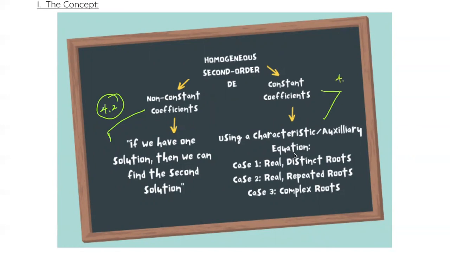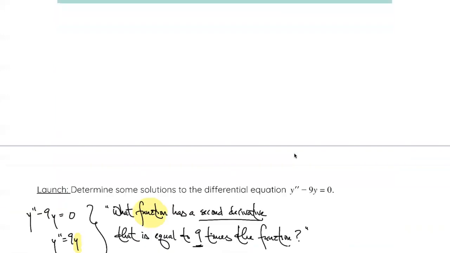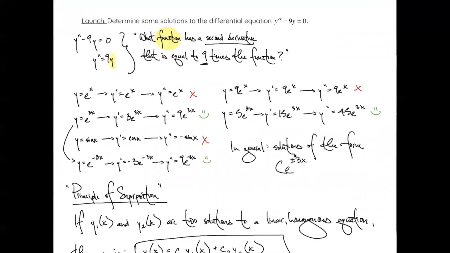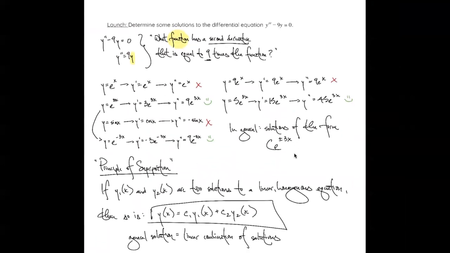As you are starting to put all of the pieces together, the difference between the 2 sections is really whether the coefficients are constant or not. We spent a little time at the end of class yesterday trying to guess some solutions.